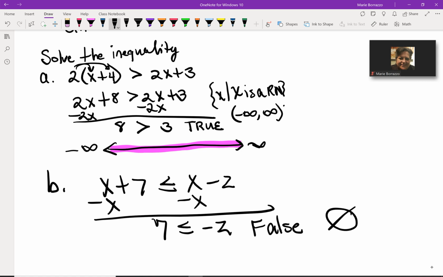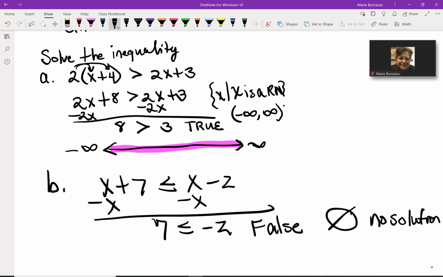And so we would say the inequality 7 ≤ −2 is false for all values of x. And because it is equivalent to the original inequality, the original has no solution. Hence, null set, so no solution.